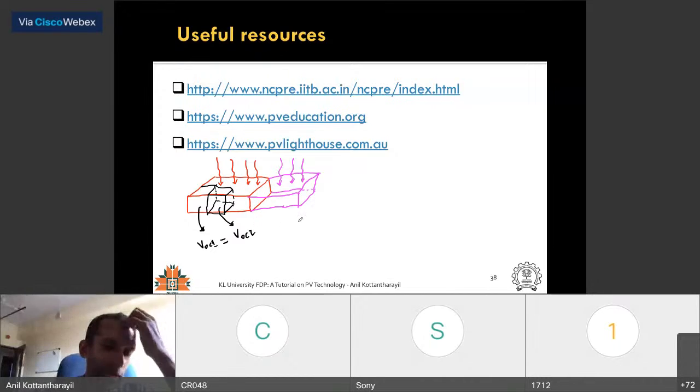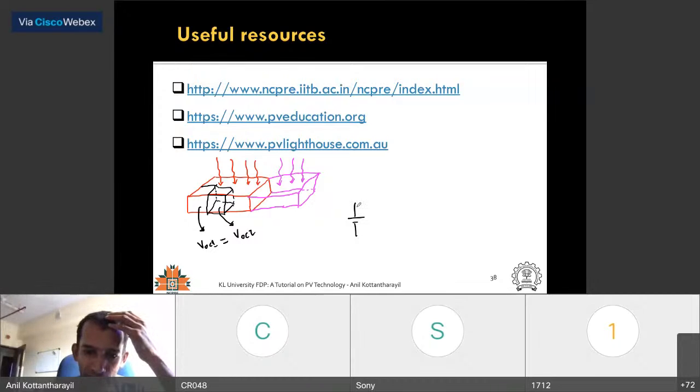So what you have is like two voltage sources, two batteries connected in parallel. You get my point? Right. They're connected in parallel, so the voltages are identical, and the total voltage here would be only VOC.